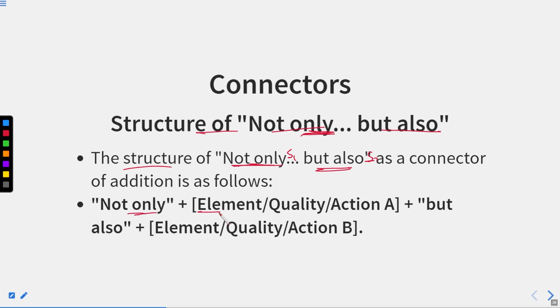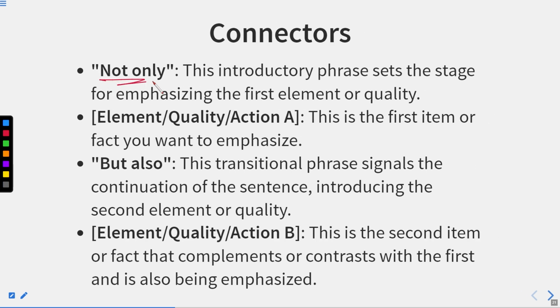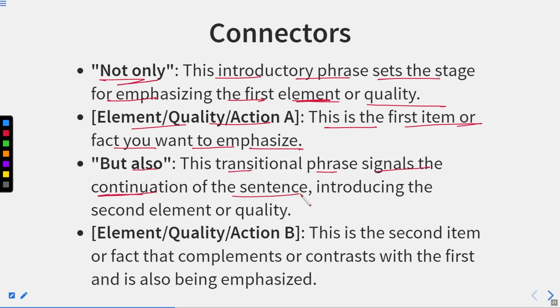Now, not only element, quality or action A, but also element, quality or action B. Not only, this introductory phrase sets the stage for emphasizing the first element or quality. Element, quality or action A, this is the first item or fact you want to emphasize. But also, this transitional phrase signals the continuation of the sentence, introducing the second element or quality.